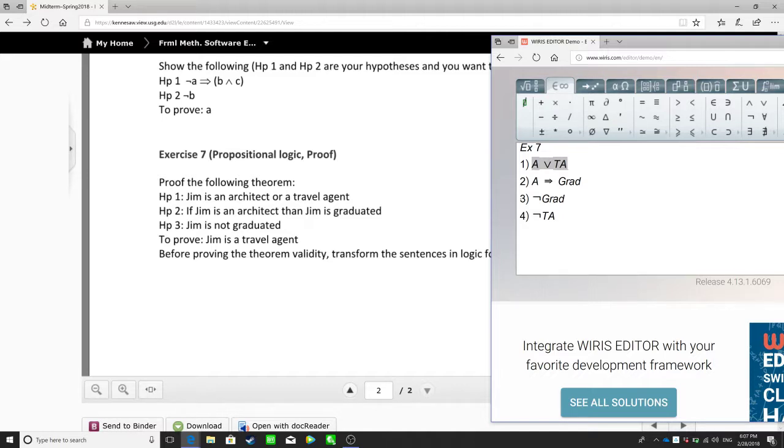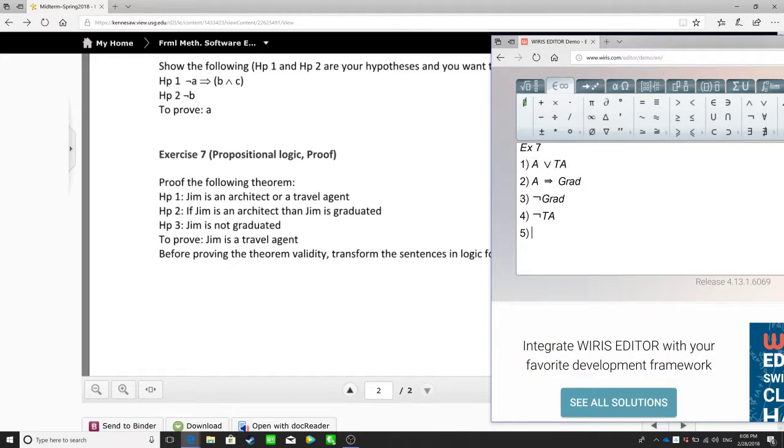Yes. A or false becomes A, right? Okay. Nice. Okay.